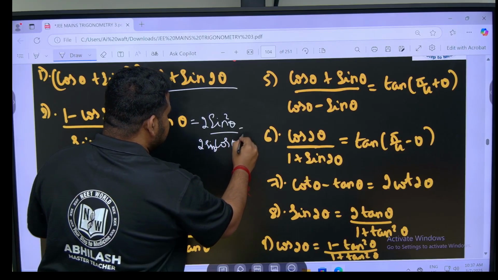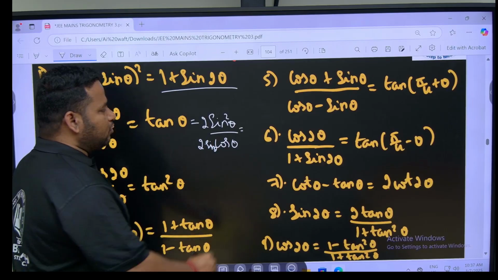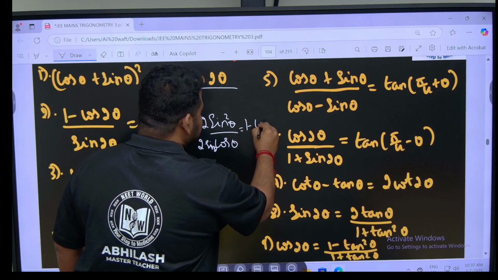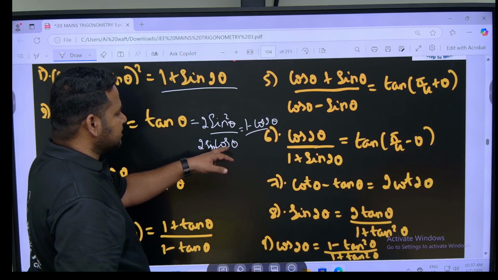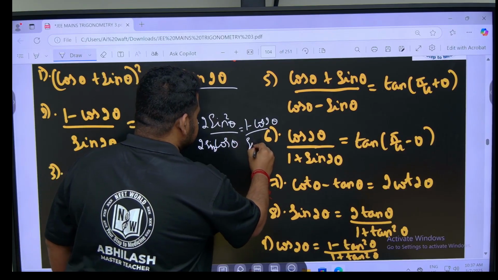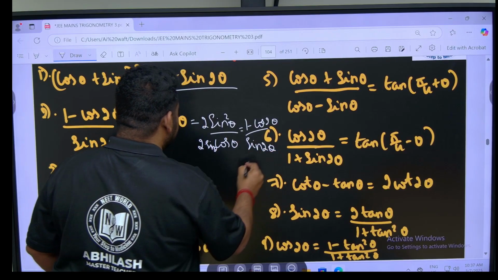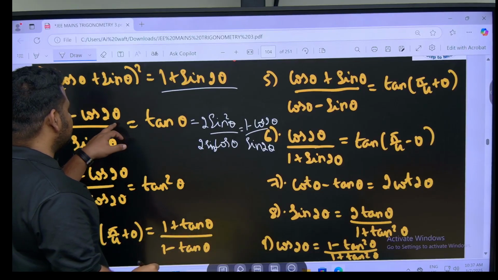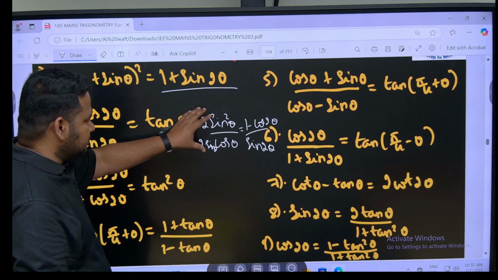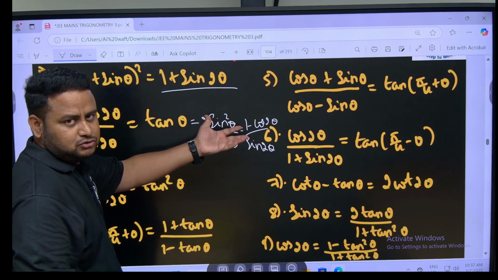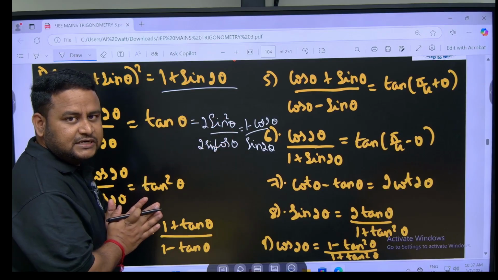Now 2 sin square theta is nothing but 1 minus cos 2 theta, divided by 2 sin theta cos theta, which is nothing but sin 2 theta. So the value of tan theta is 1 minus cos 2 theta by sin 2 theta. You have to remember these important results. I am telling you how we are getting these results also, so that you remember. Got it, friends? Next one.